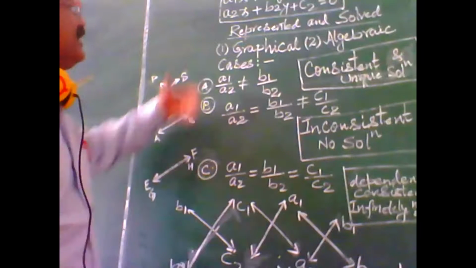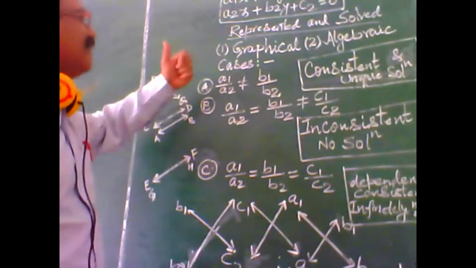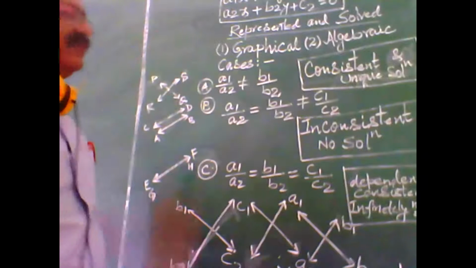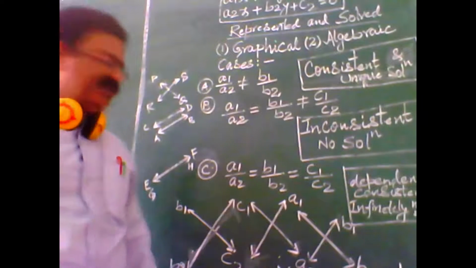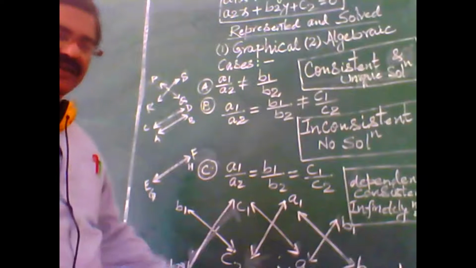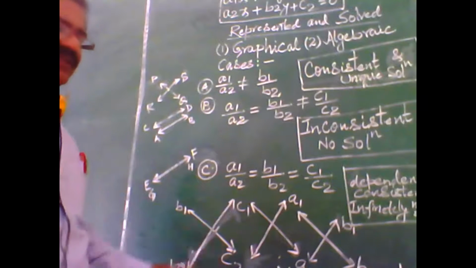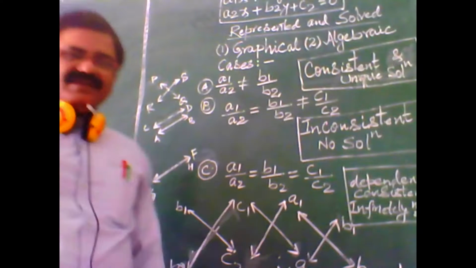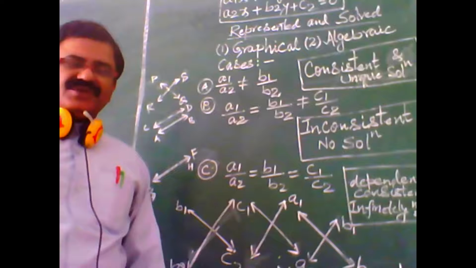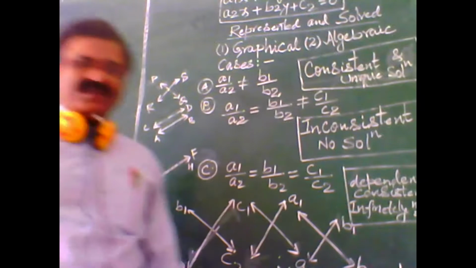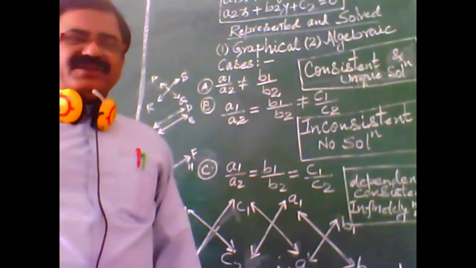After that, I want to discuss how we can solve for the solutions. There are 3 methods: first is the substitution method, second is the elimination method, and third is the cross multiplication method. This is the whole chapter, students. So let us start to solve the questions given in exercises 3.1, 3.2 and 3.3.